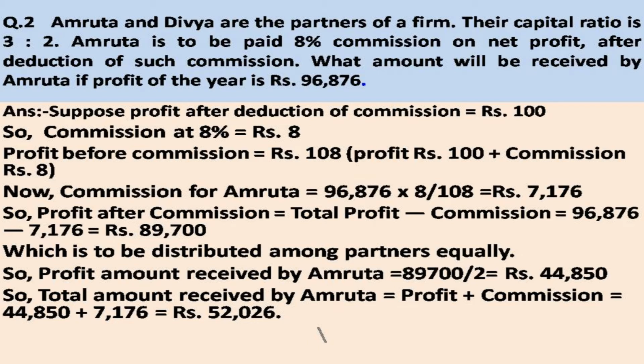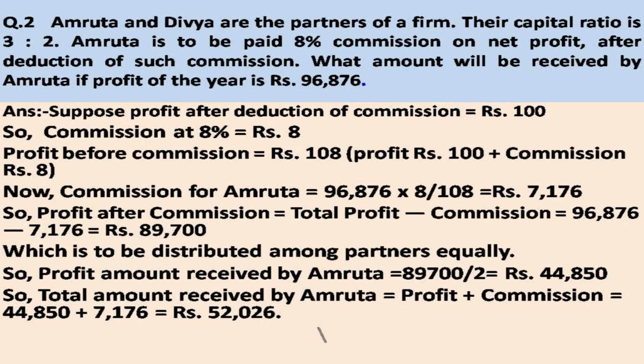Here in this sum, one partner, Amruta, receives the commission and its percentage is given as 8%. So with the net profit, the commission is also included in Amruta's proportion.